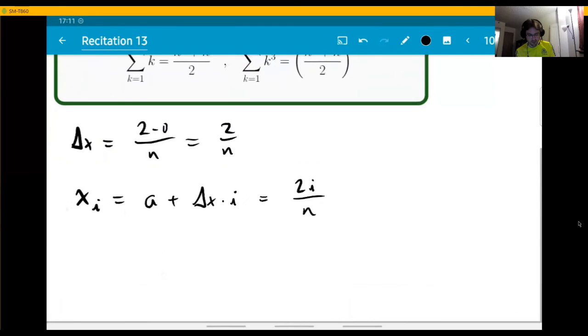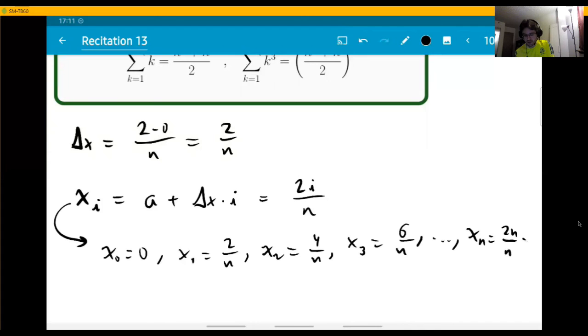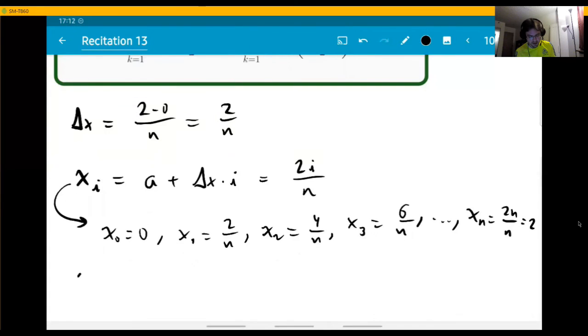When you write this, that's the same thing as writing x0 is 0, x1 is 2 over n, x2 is 4 over n, x3 is 6 over n, all the way to the last one, xn, which will be 2n over n, which is the number 2, the b. All right. So we have the points. The xi star is the same thing as xi, because this is a right sum.